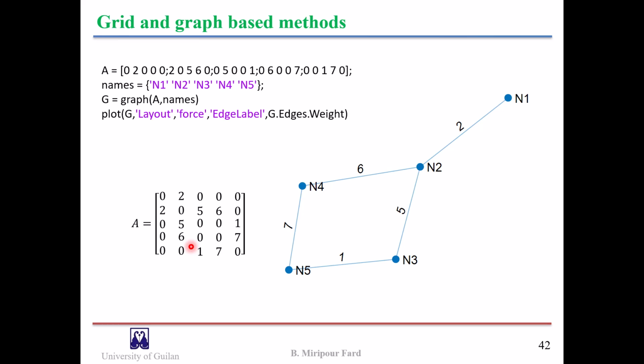Graph function in MATLAB creates a graph using matrix A, and you see the code here that creates the graph of the previous slide, using this matrix. And here you can see, you can assign the names for the nodes and plot the graph.